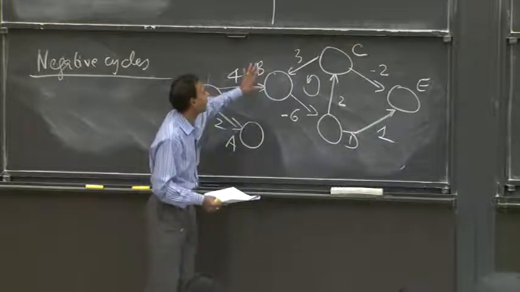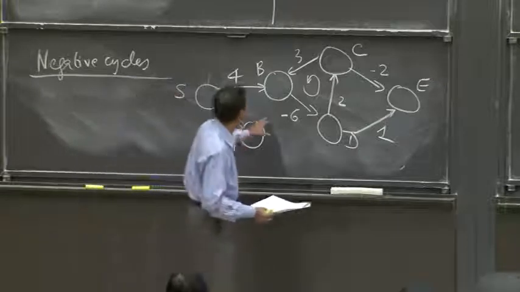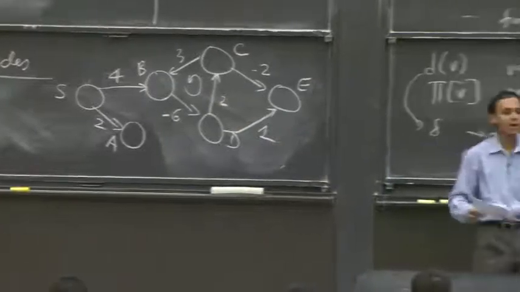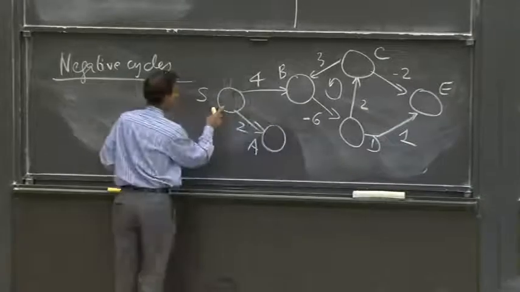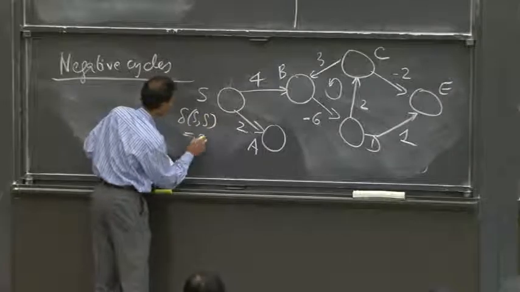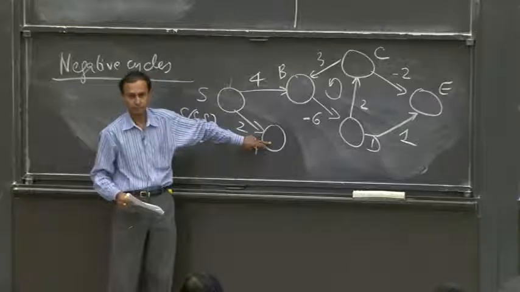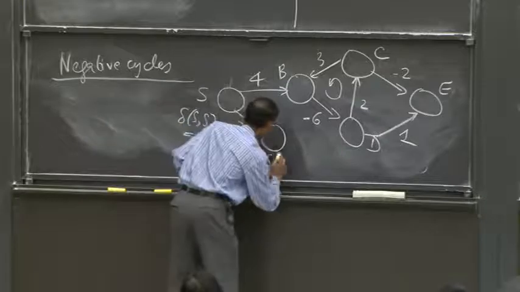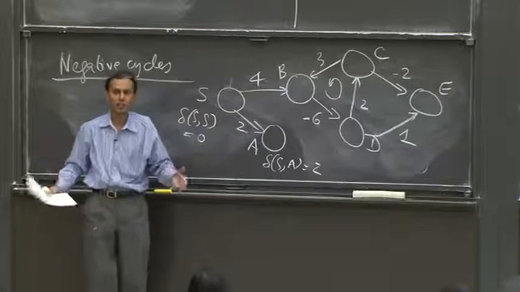So what would you like Bellman-Ford to do here? It's not the case that all of the delta values, that is the shortest path values, are undefined for this graph. Some of them are well defined. This one, you can't ever get back to it, so clearly delta SS is 0. Everybody buy that? What about this one? Delta SA is 2, and everybody buys that because you don't touch a negative weight cycle.